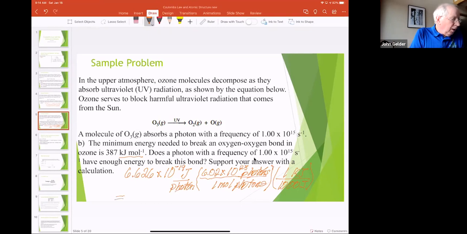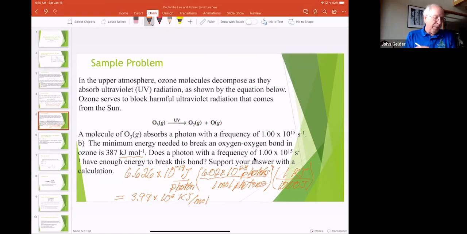But when I do this calculation, I'm going to end up with a number, and maybe some of you have already figured this out, 3.99 times 10 to the second kilojoules per mole.